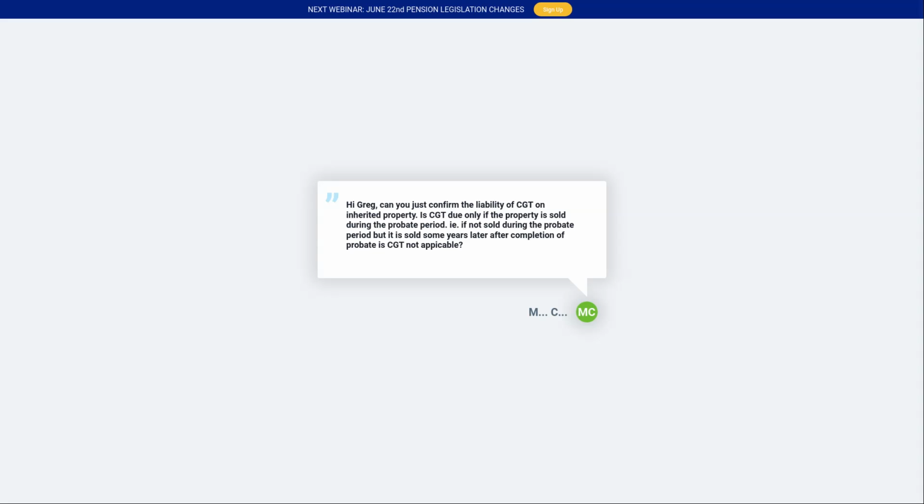So if you inherit that property at £500,000, and that's the probate value, and in the course of the probate period, the property increases in value to 550, then there would be a gain of £50,000 applicable to capital gains tax.